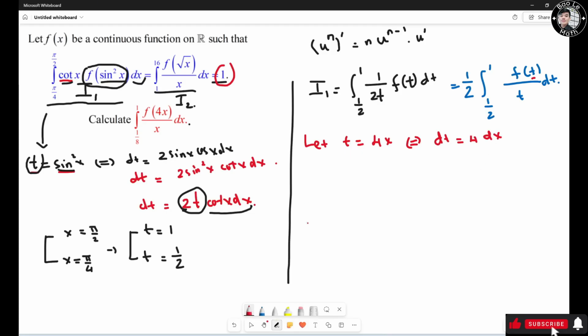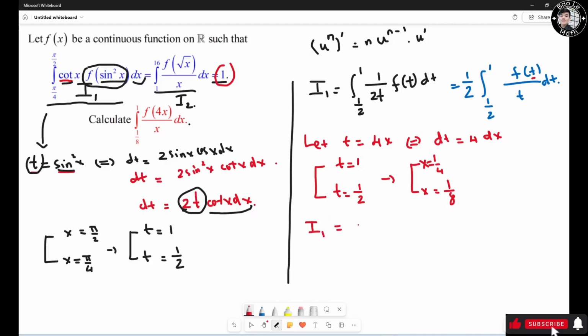Now I need to find the new limits. Since t equals 4s, when t equals 1/2, dividing both sides by 4 gives s equals 1/8. When t equals 1, s equals 1/4.